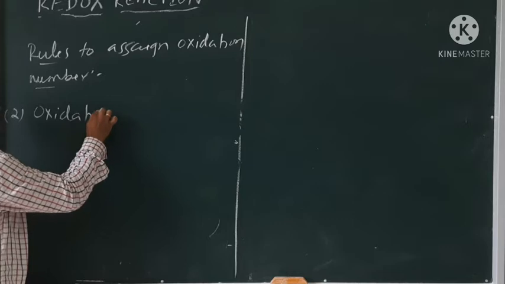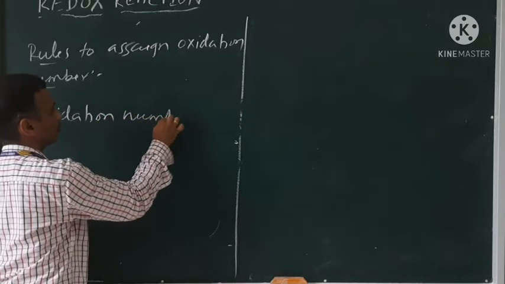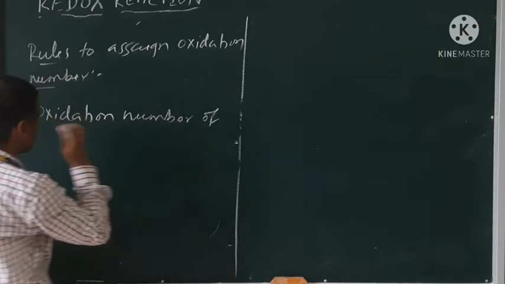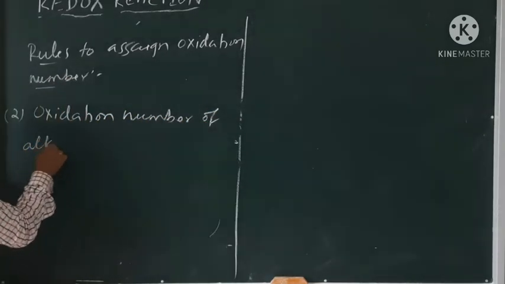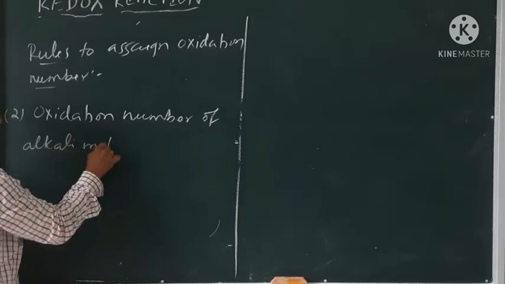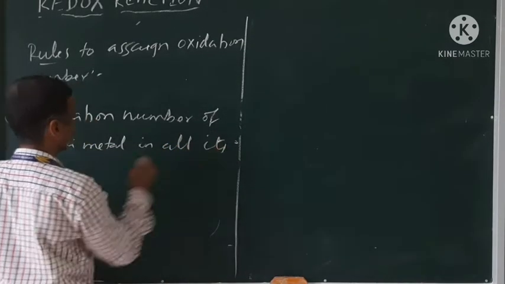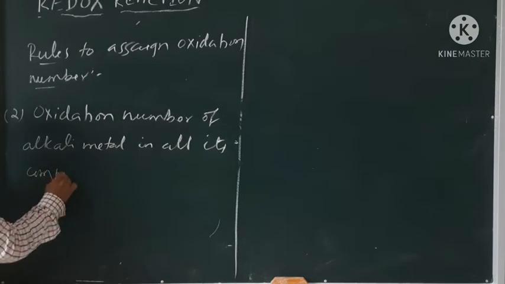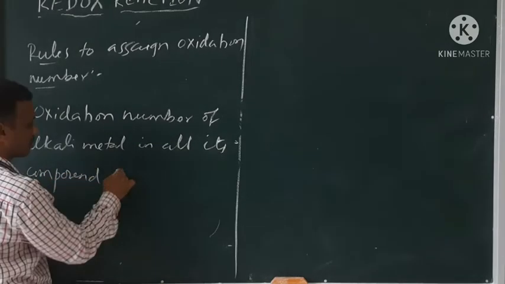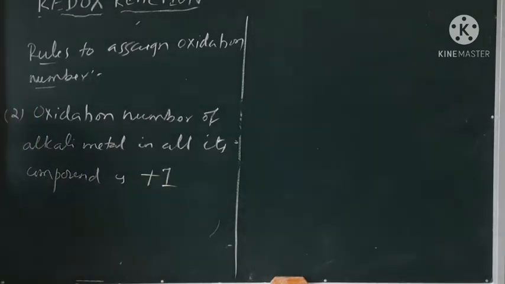The oxidation number of an alkali metal in all its compounds is +1 only.